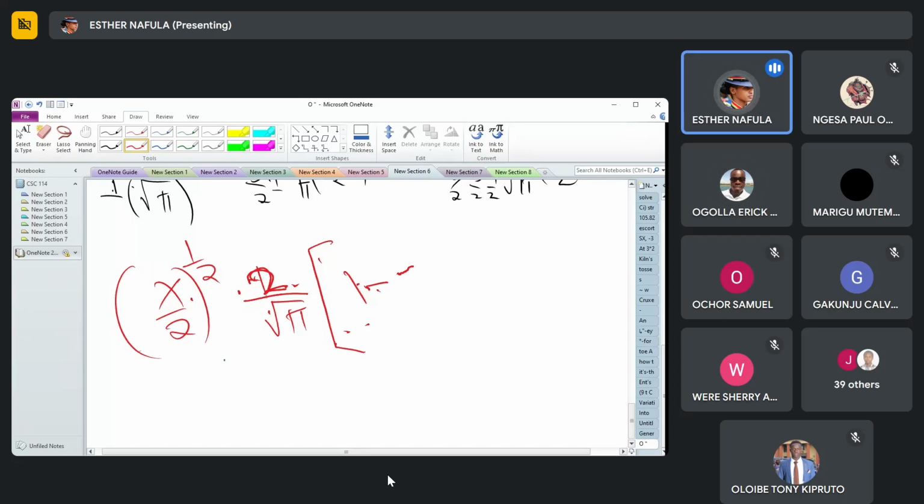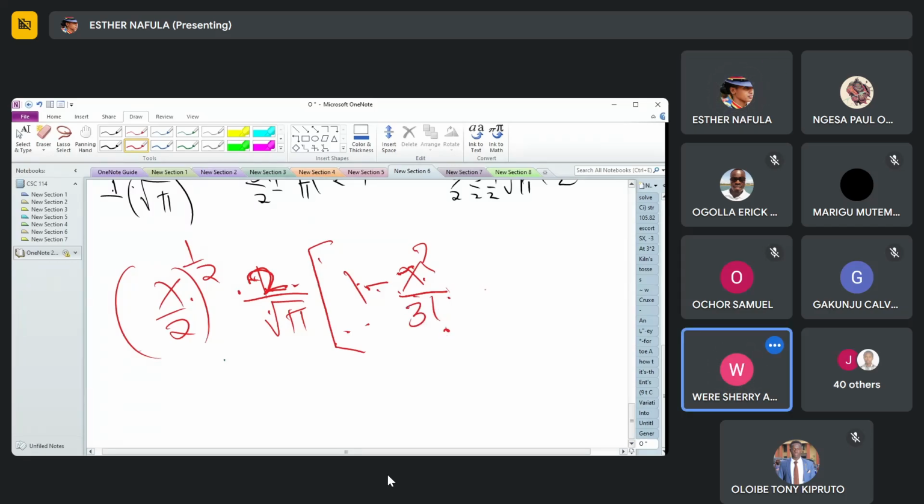For the second term, we have 3/2, x over 2 squared over 3 over 2, but we've factored out the 2. It's somewhere in the numerator. You have an x squared over 3 over 2, but that 2 is here.